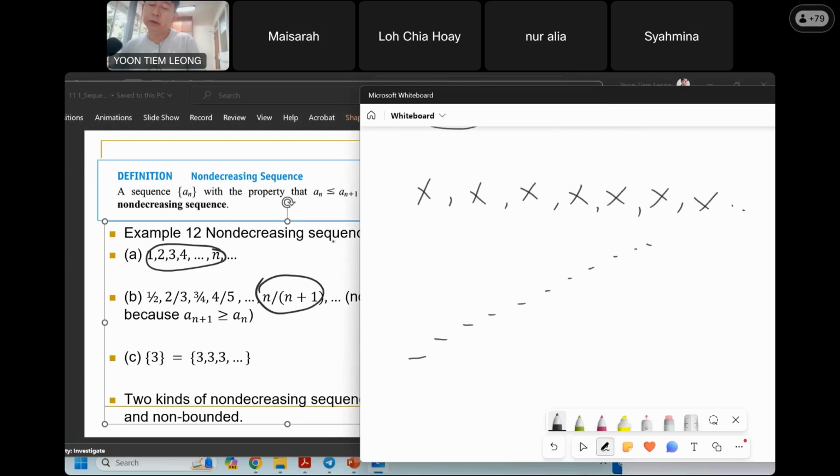That is true, because the terms in the next position will always be larger than or equal to the terms before it. Therefore, it is only possible for the next term to be larger. It won't be able to become less than the term before it. So the terms in a non-decreasing sequence are always increasing.